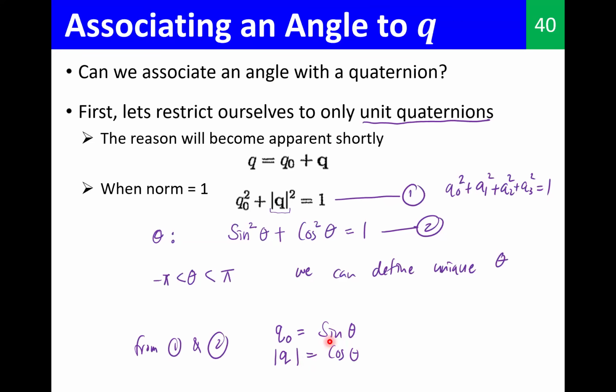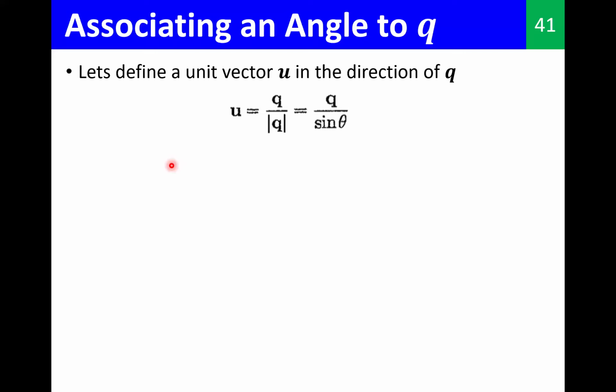So with that, I can do one more thing. Let's define a unit vector u in the direction of q. So there is a vector part, in the same vector direction. If I write it like this, q0 plus q, there is a certain direction, and I can define a unit vector in the same direction, u. So that would be equal to q divided by its norm, okay?